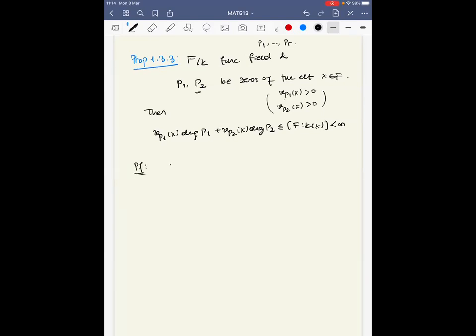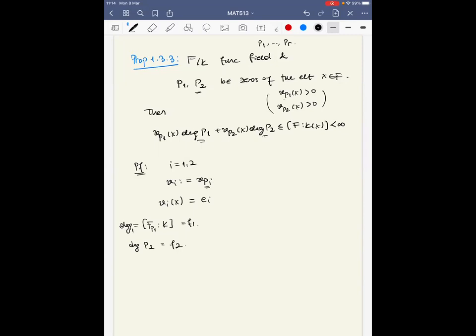So in the beginning of the proof, let me abbreviate the notations. We will use the corresponding valuation v_{P_i}. We will denote the corresponding valuation map v_{P_i} as v_i, the valuation of x at a given place as e_i, and for the extension degrees of the residue class fields, we will use the notation f_1 and f_2.